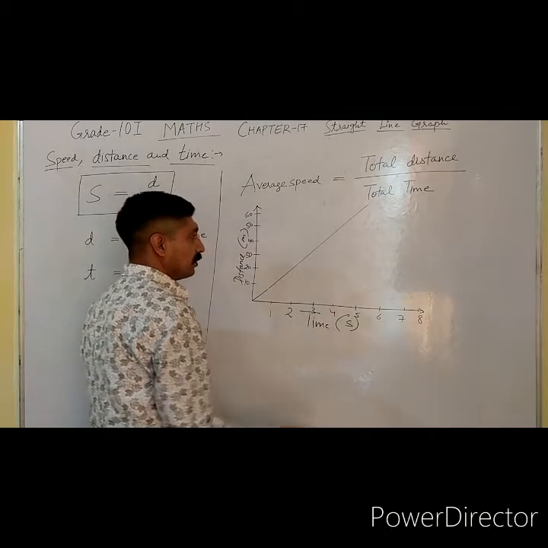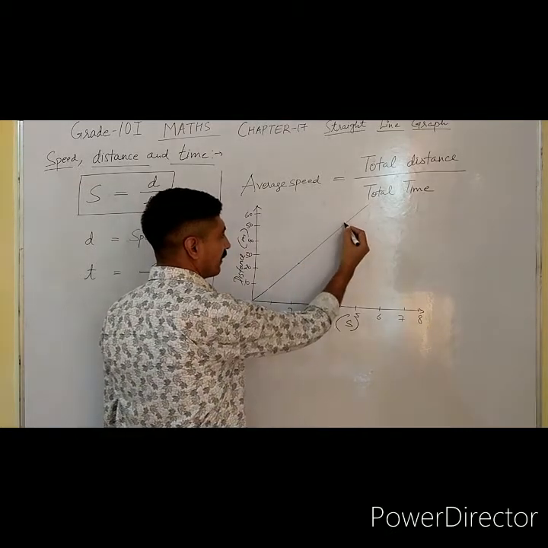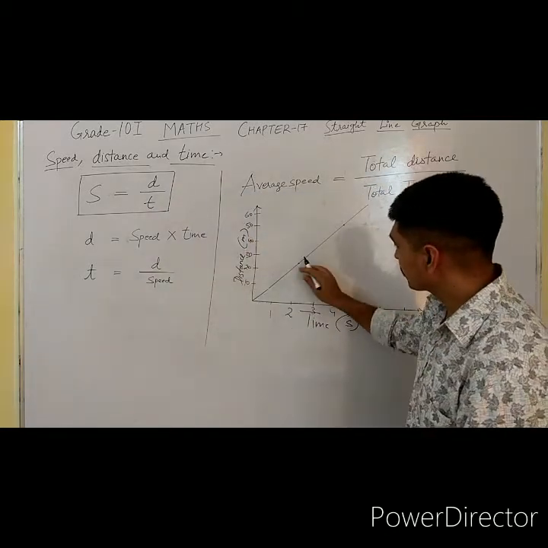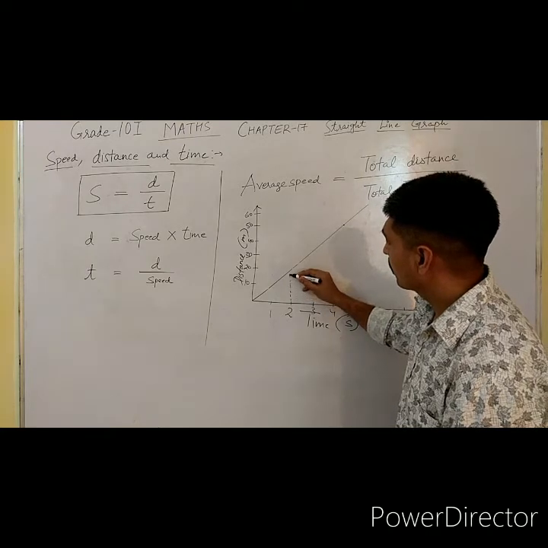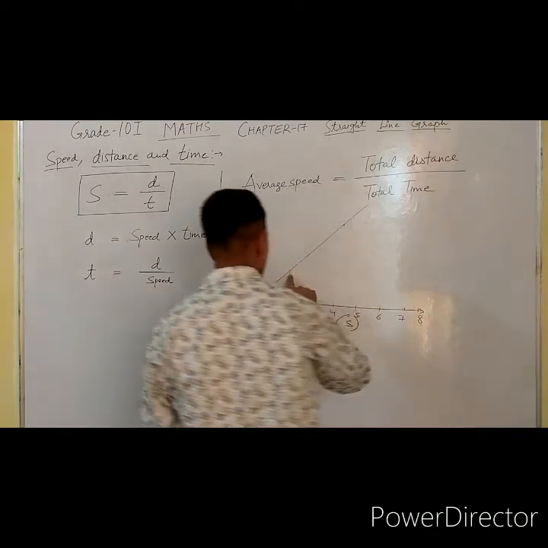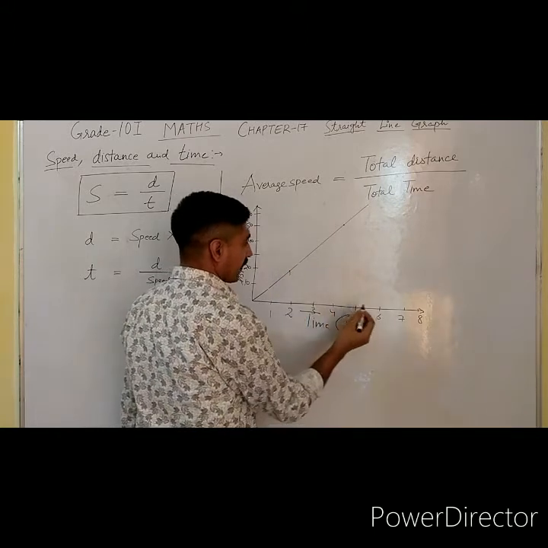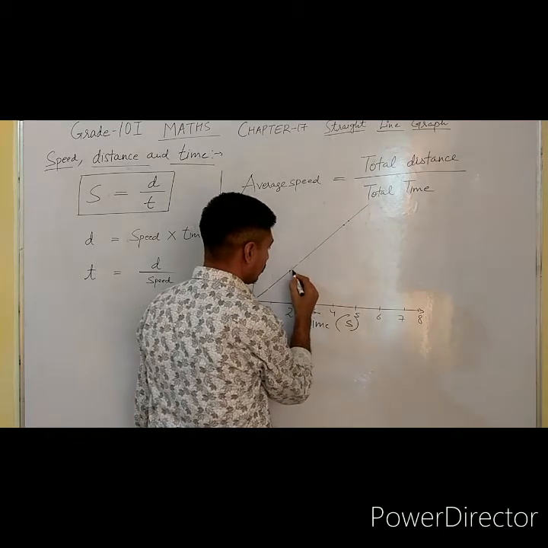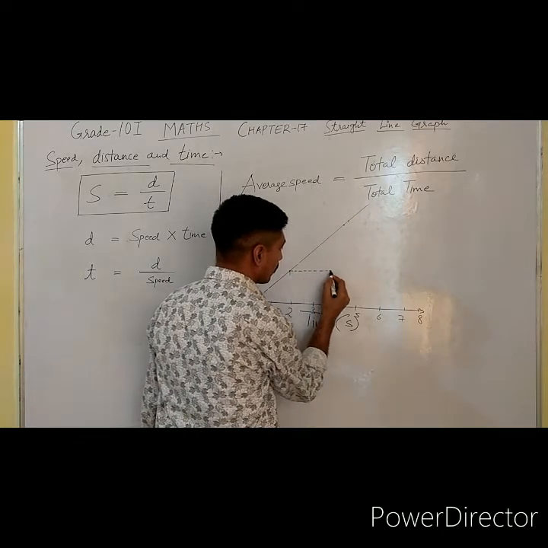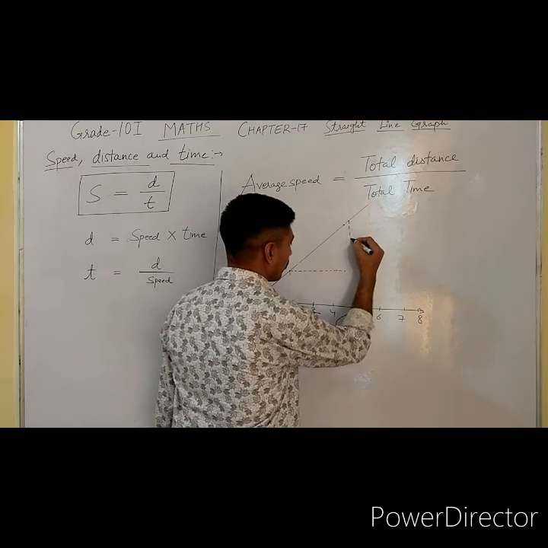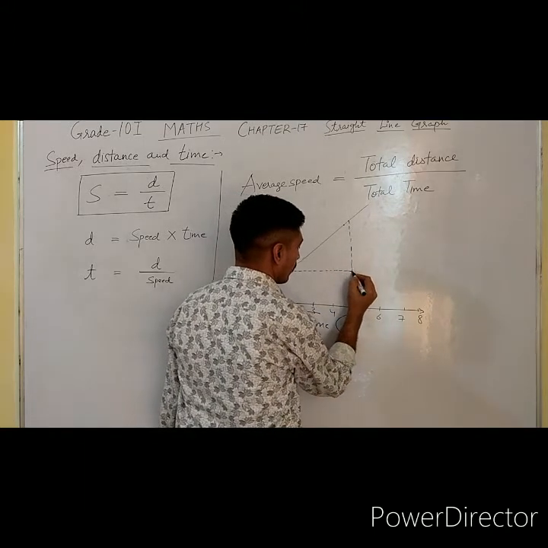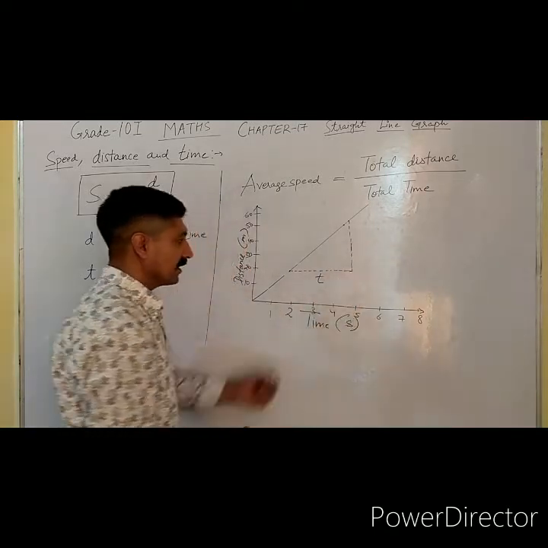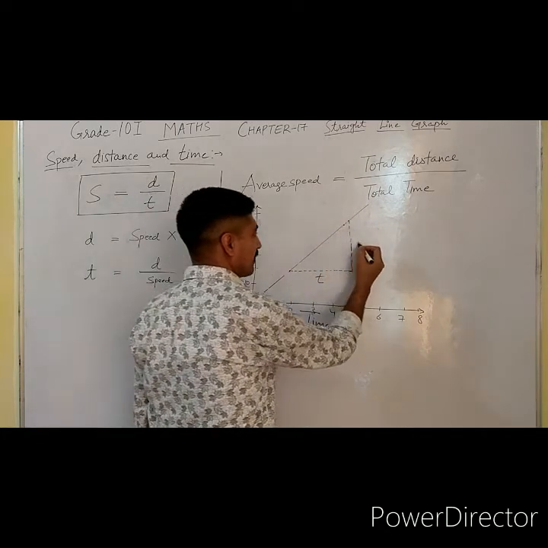If we want to find the gradient at a particular point, as we discussed yesterday, say from 2 up to 5, this is the time interval t, and here is the distance traveled.